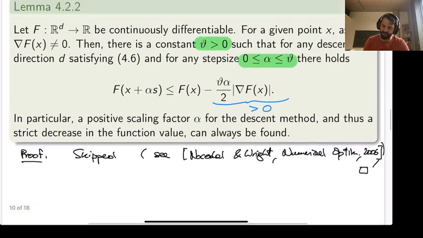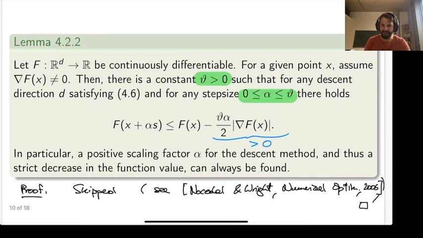We said that provided we choose alpha sufficiently small, then we can always find a direction in which there's decrease, or we can always decrease the value of the function by going alpha times s into that descent direction.